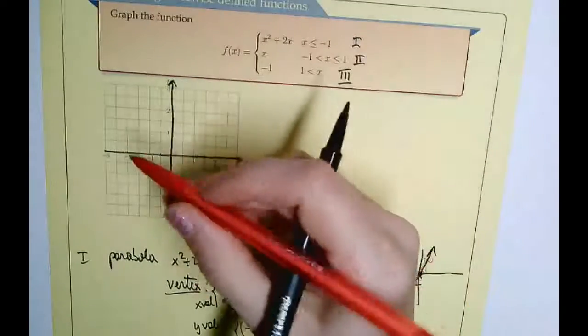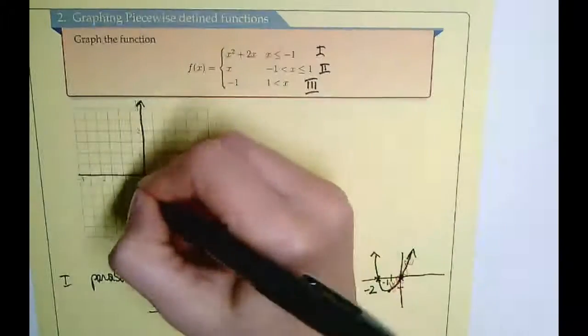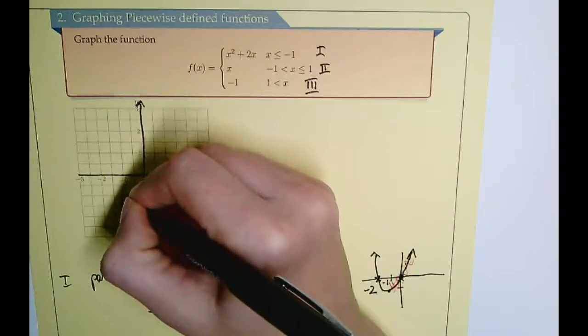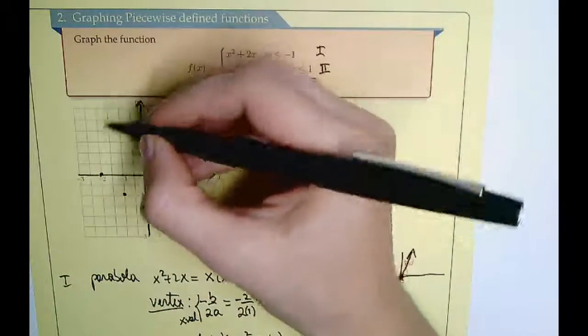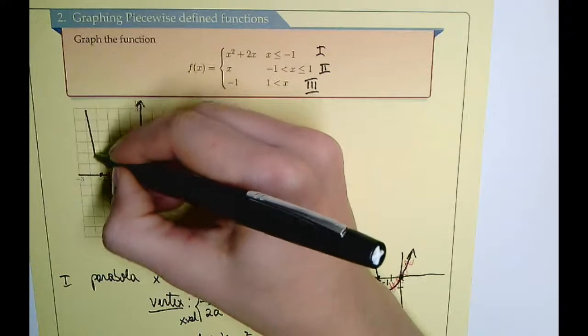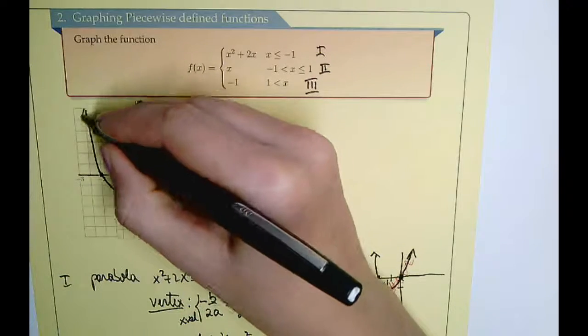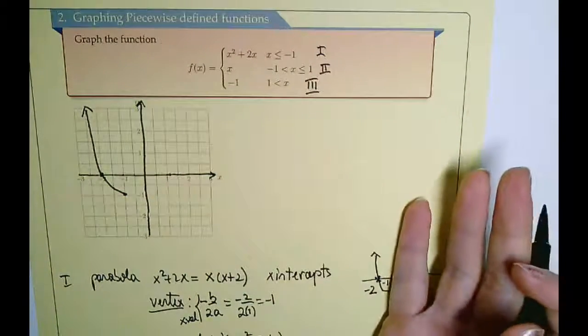So this is what I'm going to graph in here. At -1 is the vertex, and then at -2 is the x-intercept. So this is the portion.